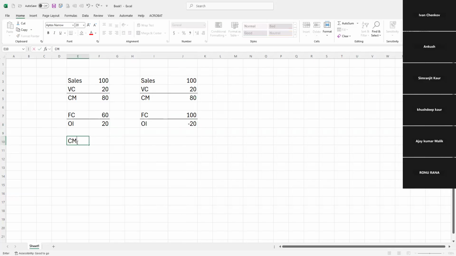Because my contribution margin is more than the fixed cost. This product I'm eliminating because my contribution margin is less than the fixed cost. Make sense? Okay. So for that reason, let's go back to the slides.